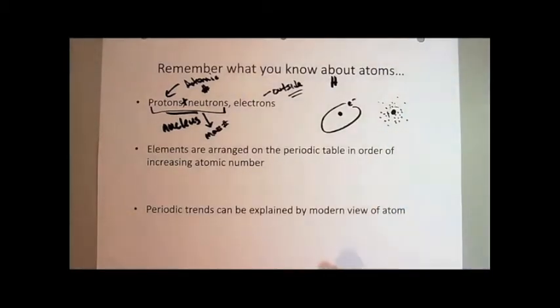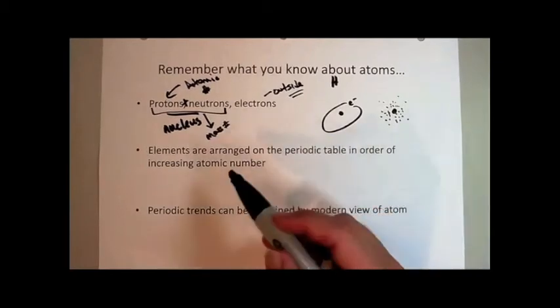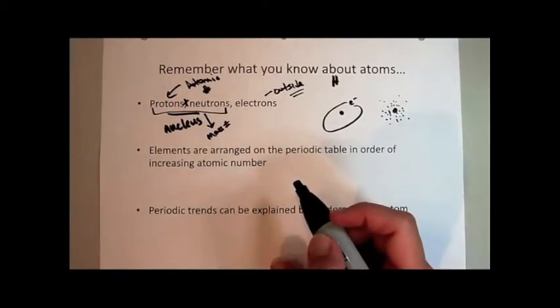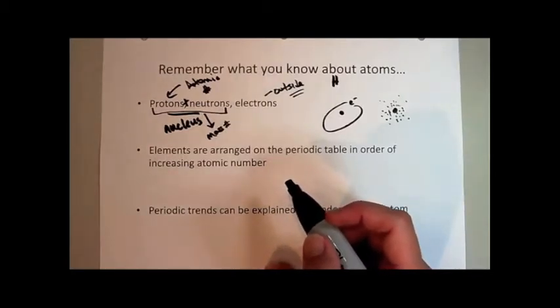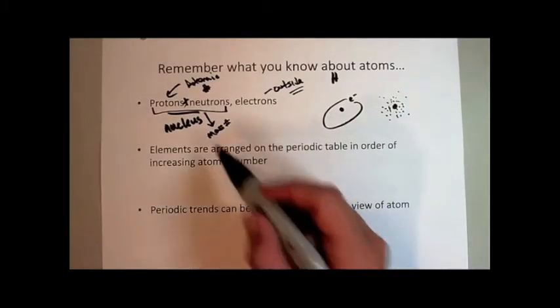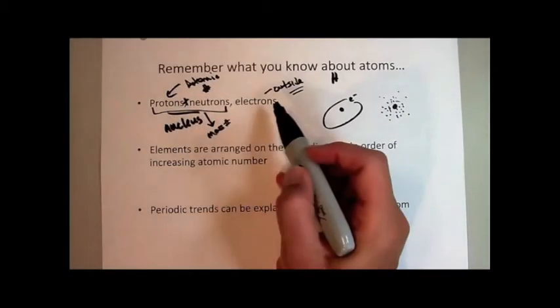And as it turns out, in modern day, we can correlate the electrons and the level that the electrons are in with the periodic table. And you know that the periodic table is arranged in order of increasing atomic number. And you know that in a neutral atom the atomic number is the number of protons. And since it's neutral, the number of protons is going to equal the number of electrons.